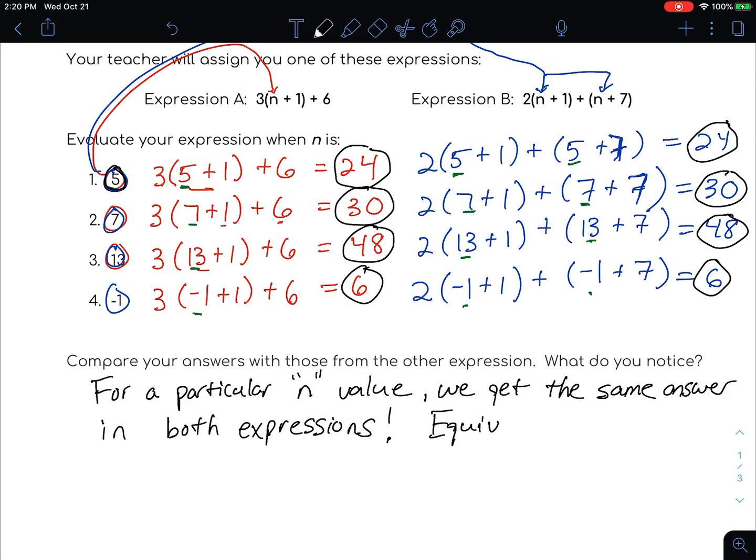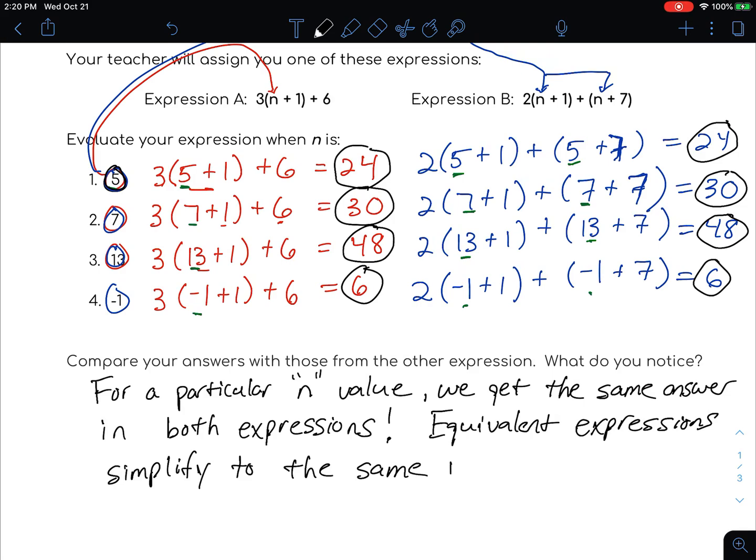This is what we call equivalent. Equivalent expressions or equivalent equations simplify to the same value.